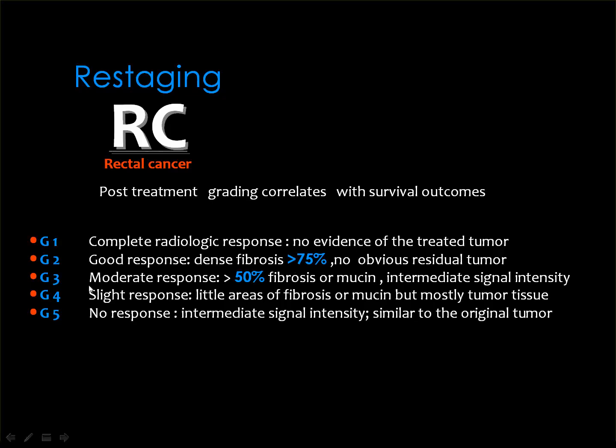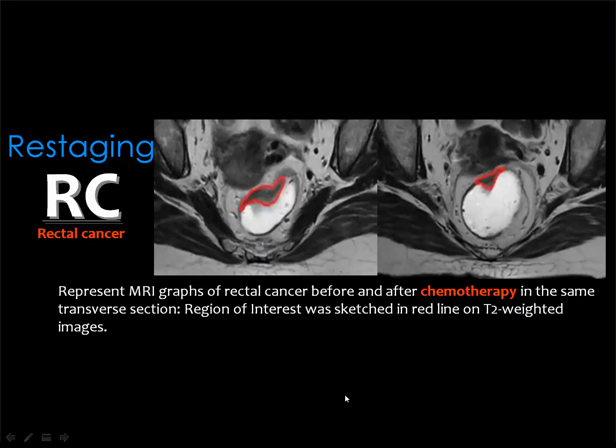Grade 3, moderate response with more than 50% fibrosis or mucin. Grade 4, a slight response with little areas of fibrosis and most of the area being tumor tissue. Grade 5, no response.